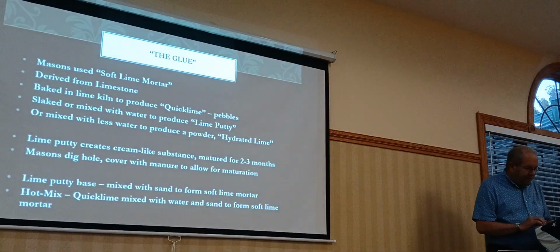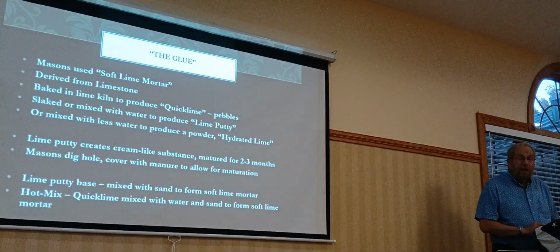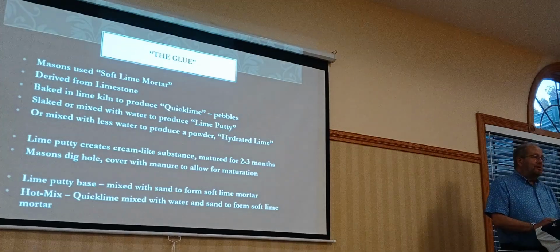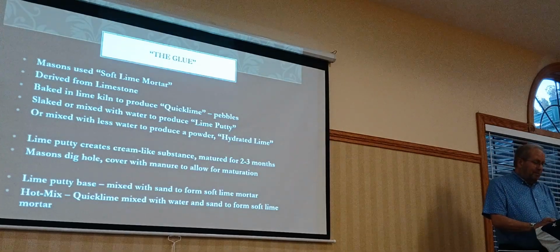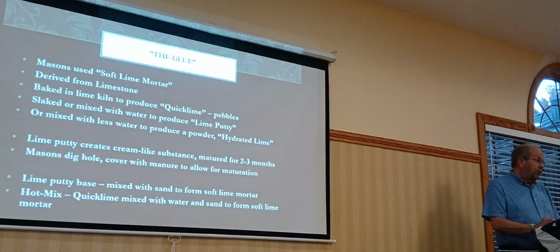The process of building these, talking about the glue, was not Portland cement. Portland cement really wasn't perfected until the late 1860s. So the glue was the historic masonry that was available at the time. It was lime mortar.